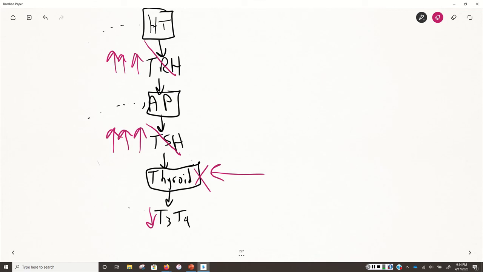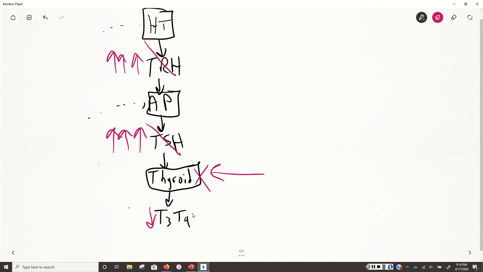But why would we get goiter out of this? What did we say caused goiter? Overstimulation of the thyroid follicles. That's what we're doing. The thyroid isn't responding, but we keep stimulating it and stimulating it, and nothing happens.